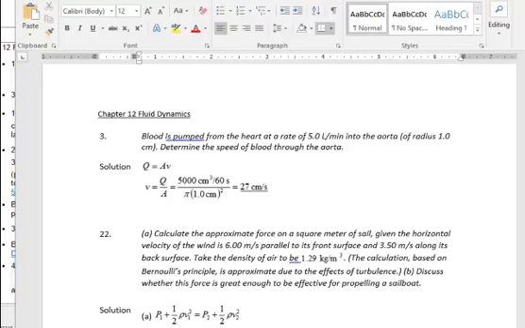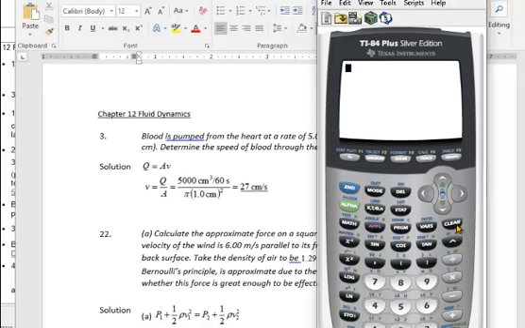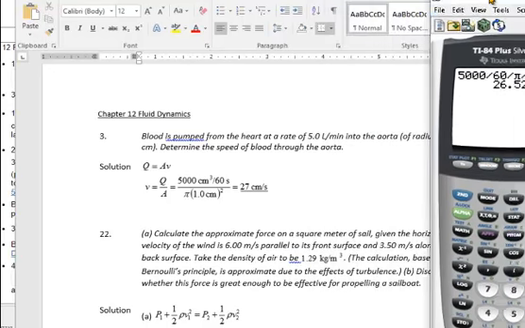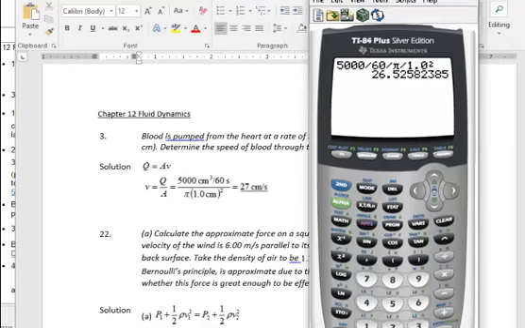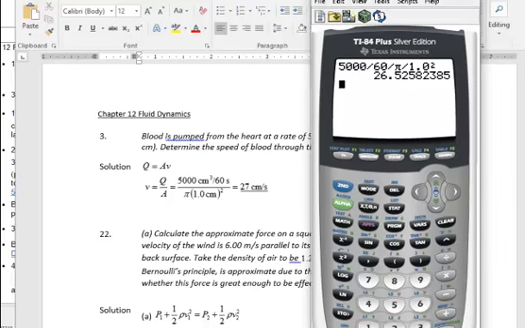And again, I have to find my calculator. There we go. So it's the 5,000 divided by 60 divided by pi divided by the radius squared, but of course 1.0 squared is still 1, and I come up with the same number here, 27 centimeters per second, which means the blood flows at a speed of about 1 foot per second.